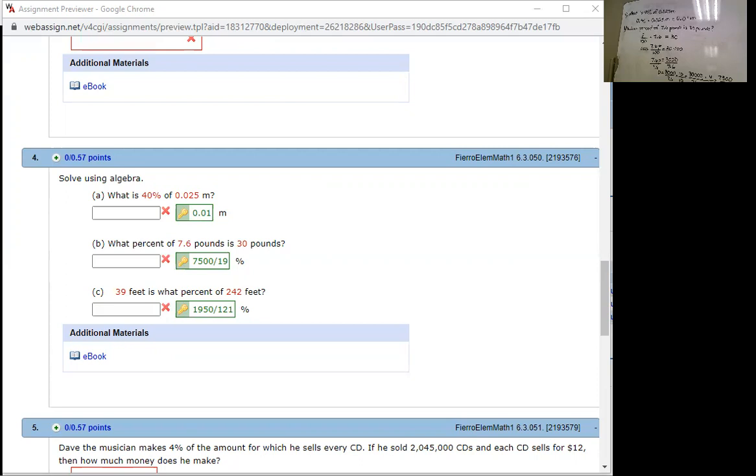Okay. And this last one right here, 39 feet is what percent of 242 feet?